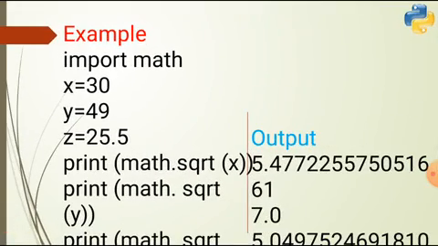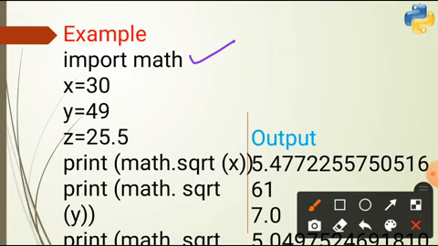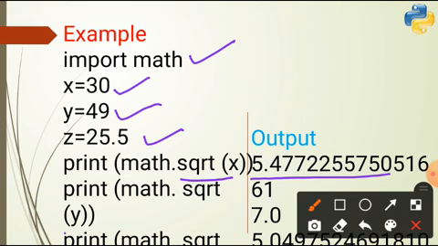Next, here also we need to import the math module. x equal to 30, y equal to 49 and z equal to 25.5. Okay, square root of x, which gives the output as 5 point something, and square root of y, 49. You already know that the square root of 49 is 7. So 7 is given here, but 7.0, that is, it is shown like this in the square root function.